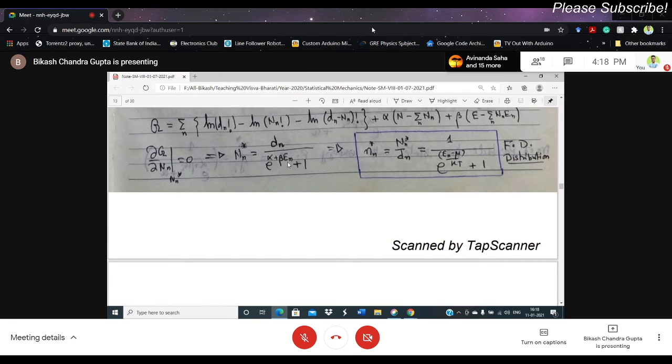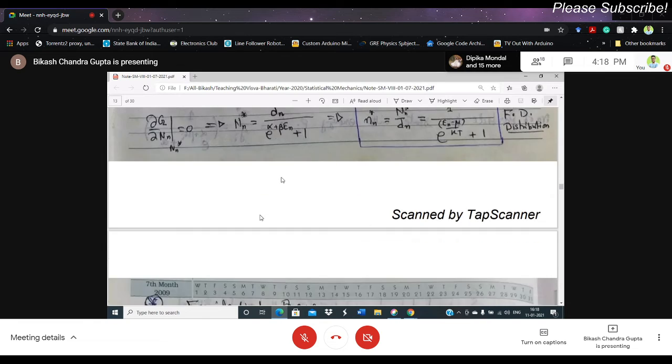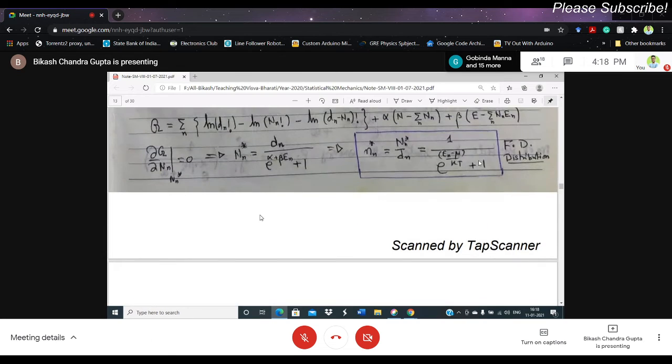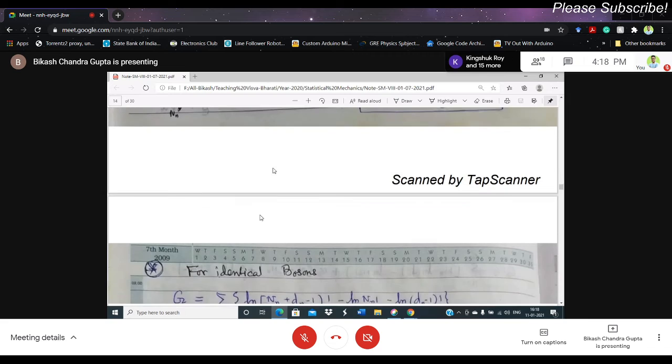Then n star will come out like this, and therefore the most probable occupation per state is 1 by e to the power epsilon minus mu by kT plus 1. This is for the Fermi-Dirac distribution, if the particles obey the Fermi-Dirac distribution.